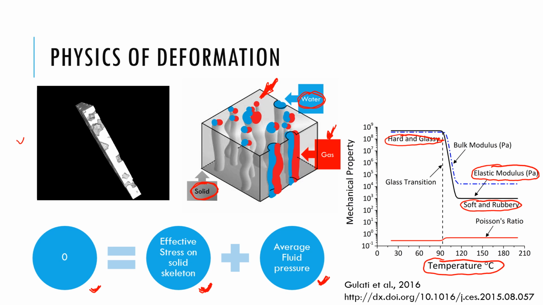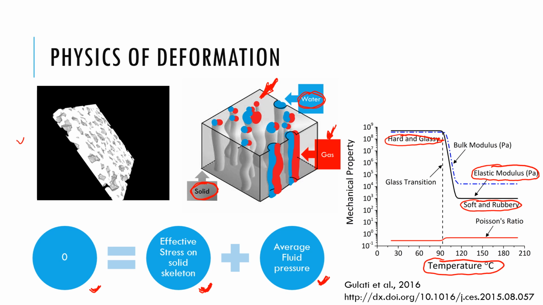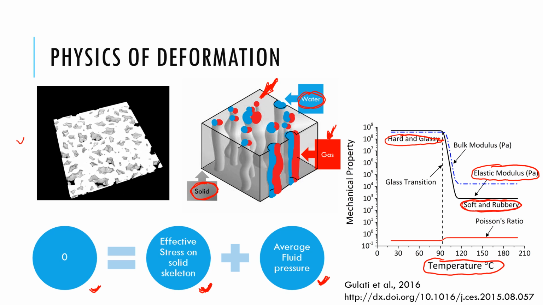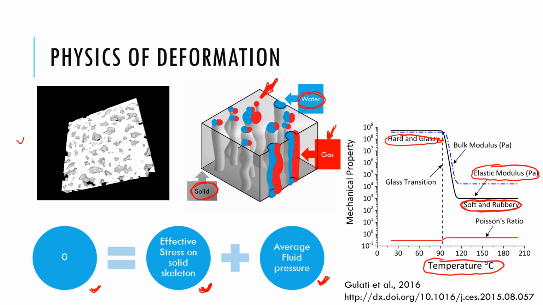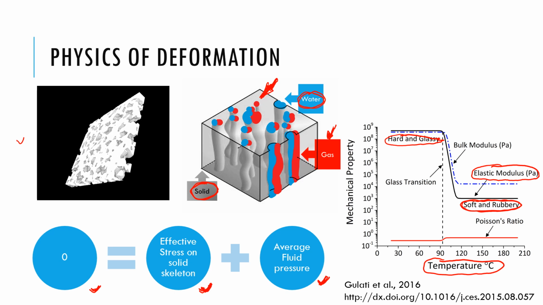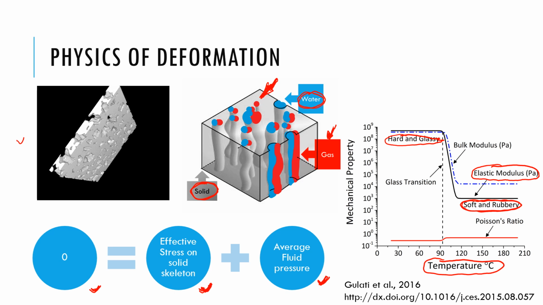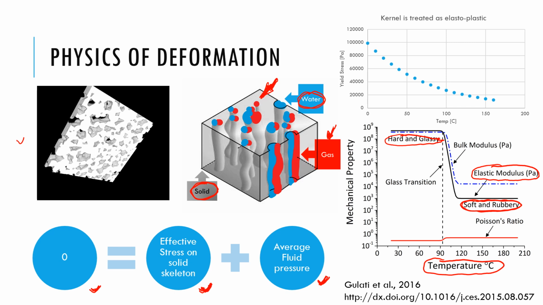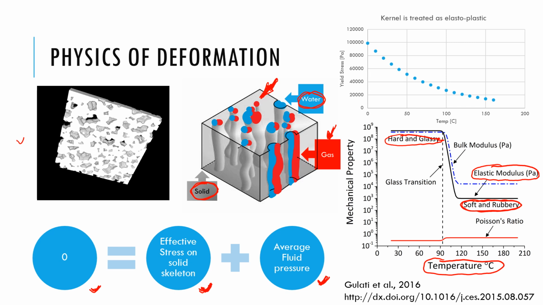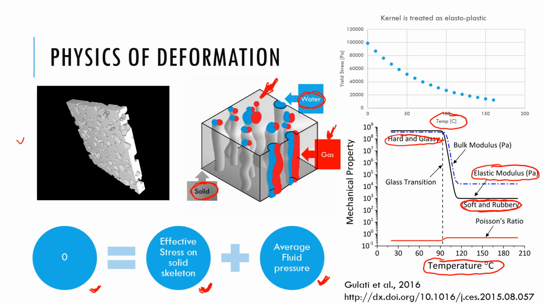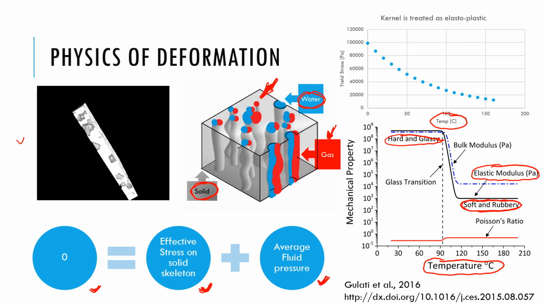But once it's completely melted, then it's treated as like a plastic material, and so it will have its yield stress, and the yield stress is also changing with temperature that is included in the material model.